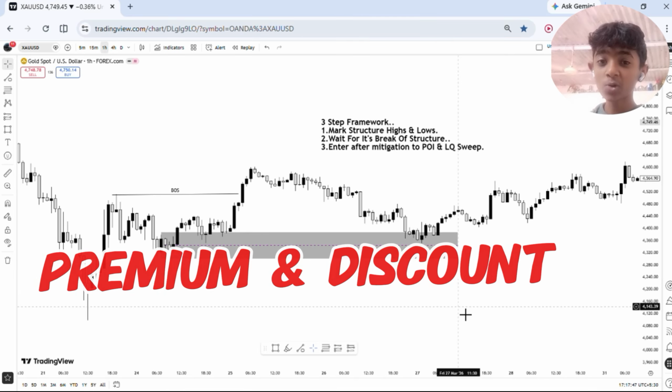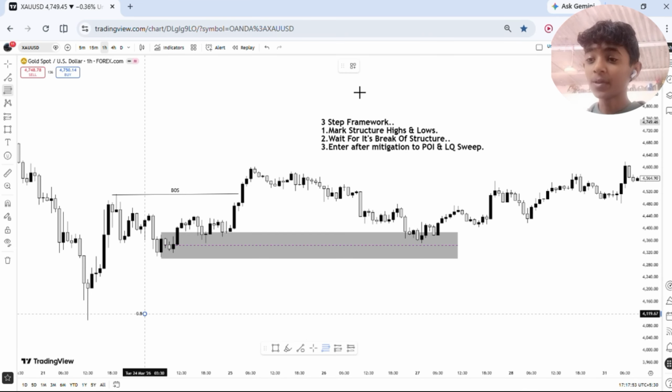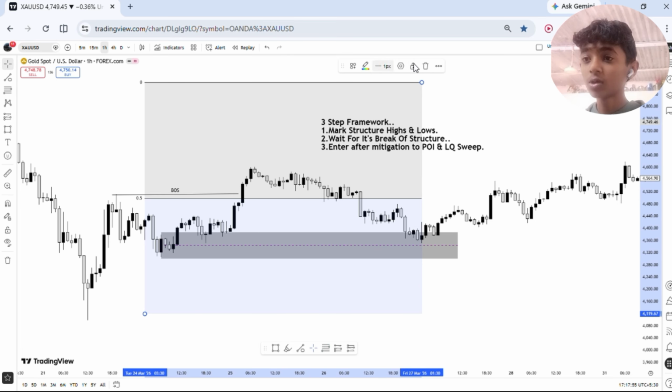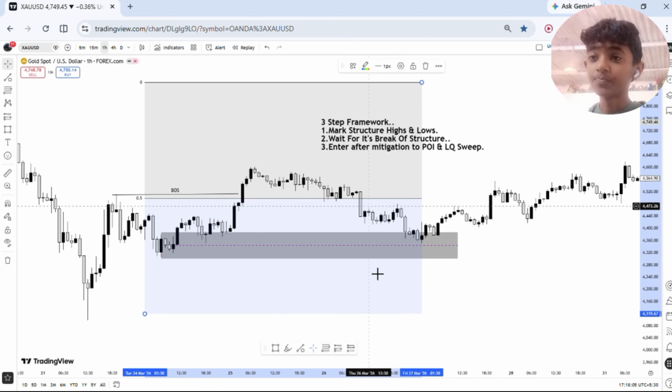Premium and discount is simply a tool called fib retracement, in which you have to copy this setting. So this is our premium and discount, which is also known as fib retracement. This is the setting which you have to copy in order to get this tool.